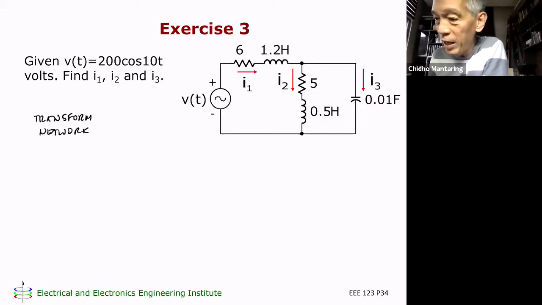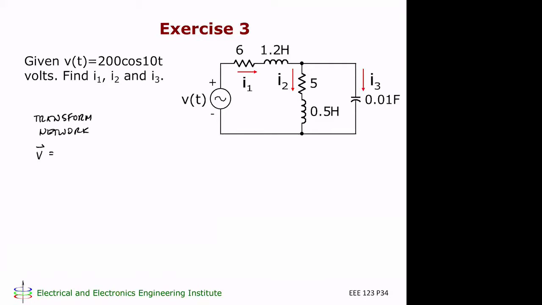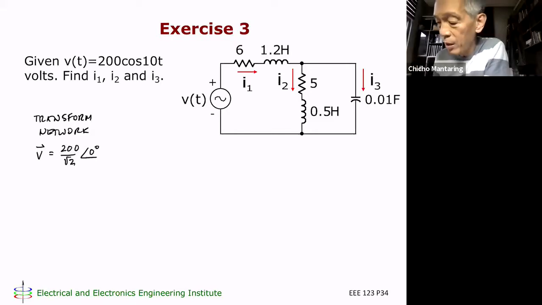Okay, what will be the value of my V? 200 over square root of 2 at an angle 0. By the way, when the angle is at 0, sometimes we call that our reference phasor.